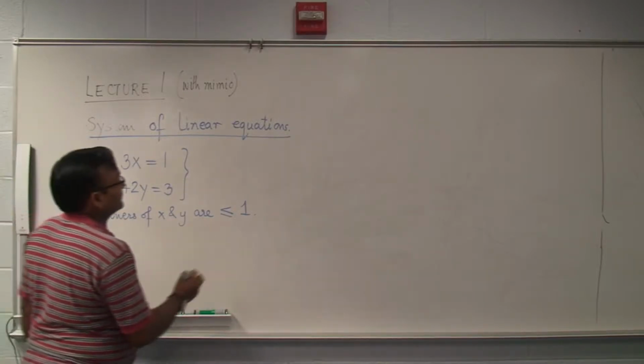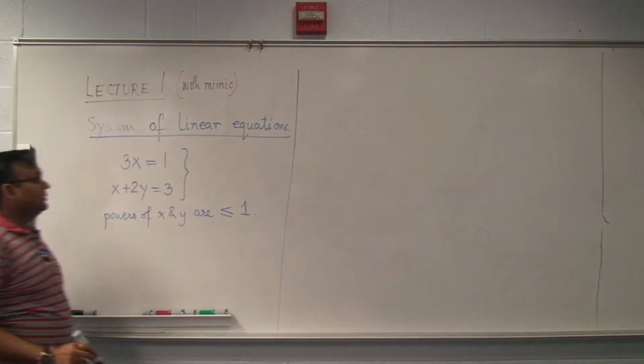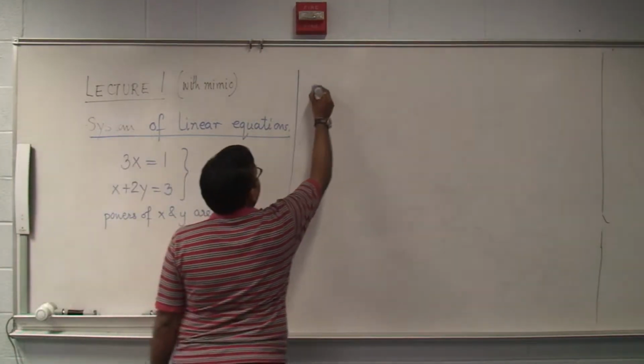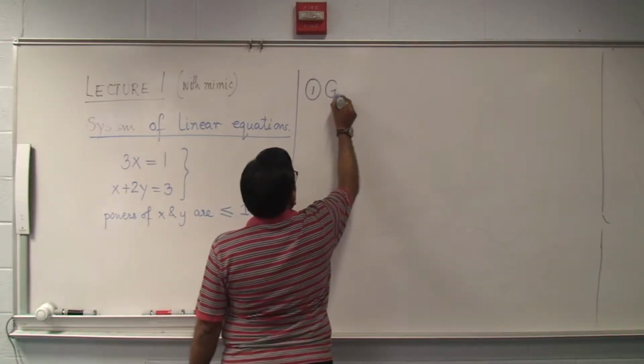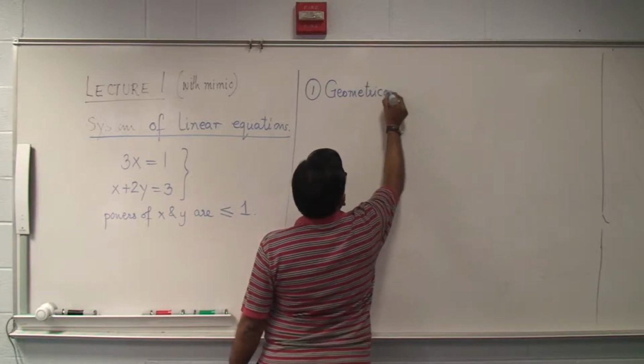Okay, now given this system of equations, we will introduce multiple ways of interpreting them. There are two main ways we will focus on. One of them would be the geometrical way, or we will like to call it the geometrical interpretation.